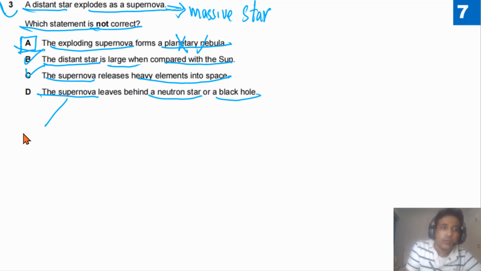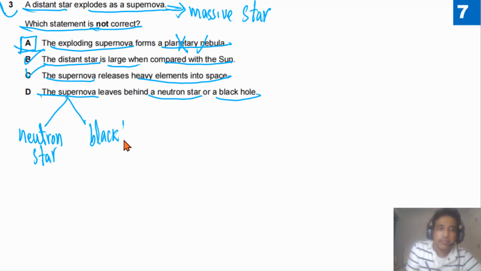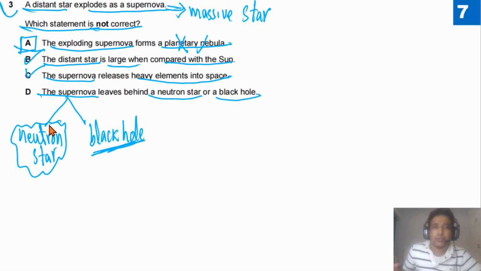Yes, depending on the mass, a neutron star or a black hole will form. If the mass is much greater, a black hole; if lower mass, then a neutron star. So the answer for this question is A.